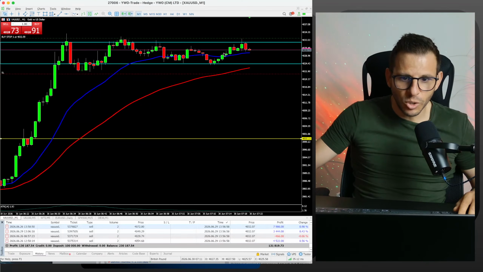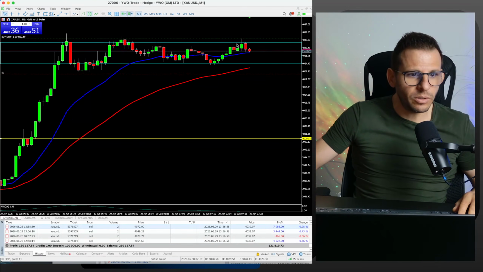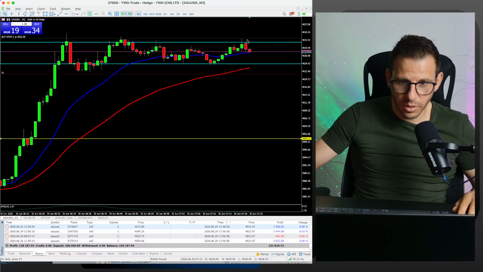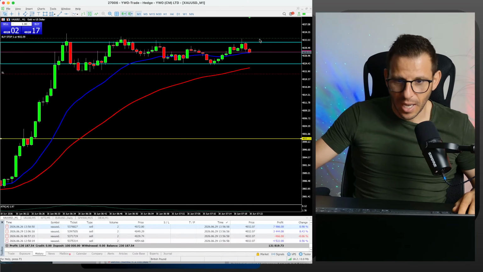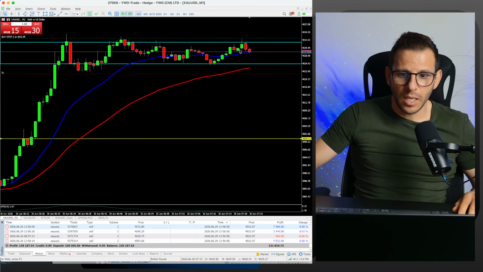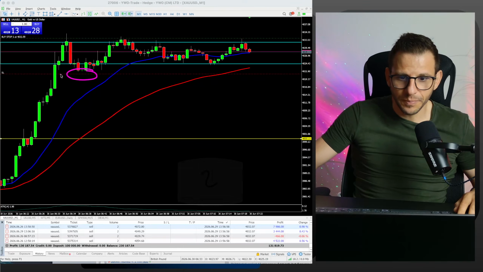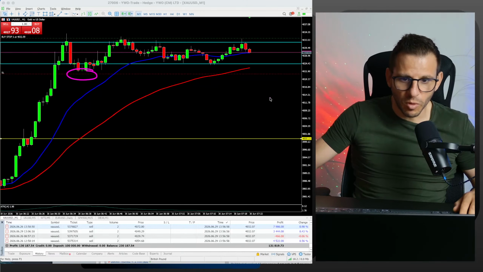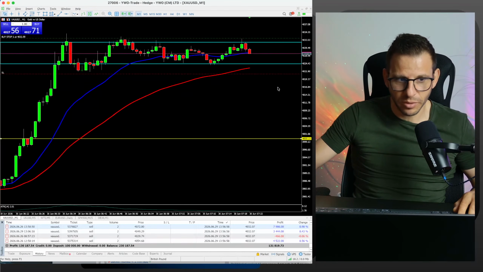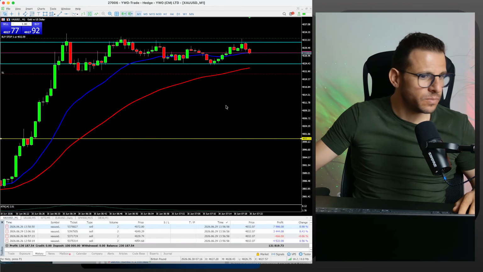Modify. So I have a pending order to buy gold at the break of this high, and the stop loss will be going here for now. Of course, I will actively manage this order. It's not going to stay like this.